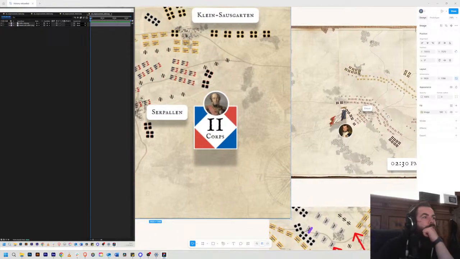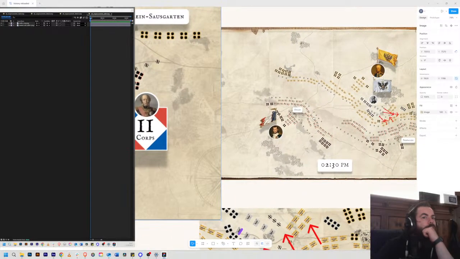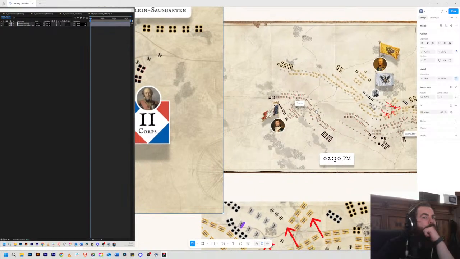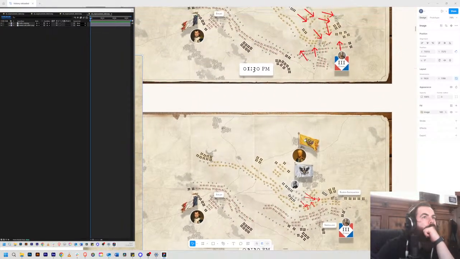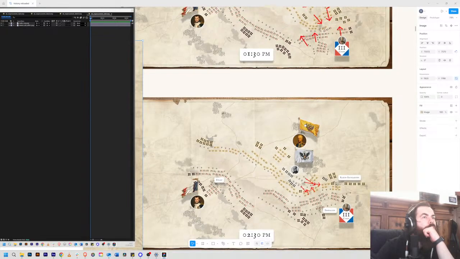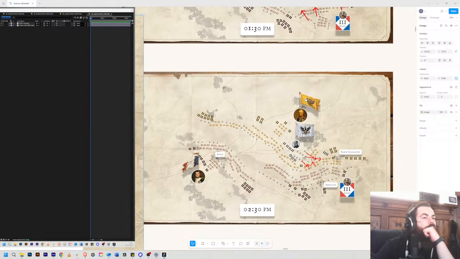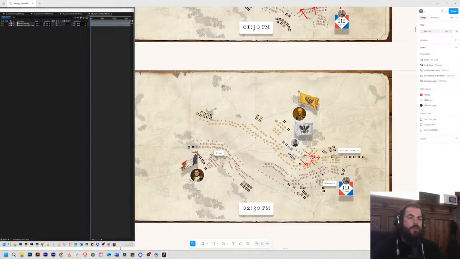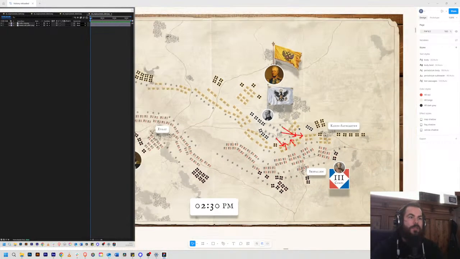French position is... we actually have to build this as a starting point.